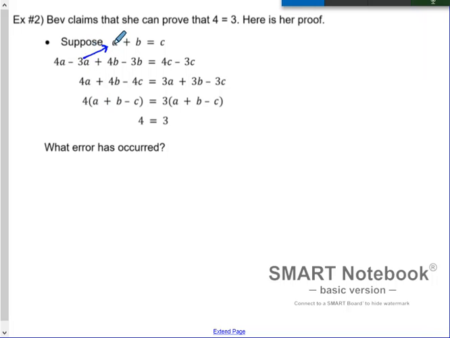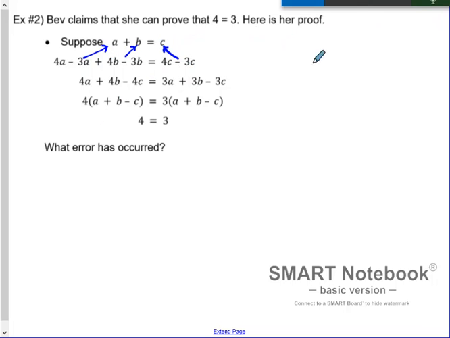So she's just writing 1A in a sneaky form, A in disguise. Then we have 4B minus 3B, yep, that's 1B, a sneaky form of B in disguise. And with C, we have 4C minus 3C, which indeed is 1C. So far, everything looks okay.